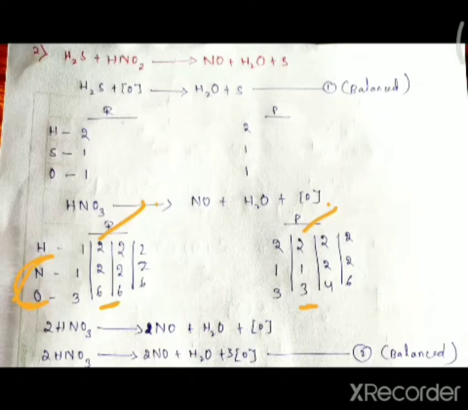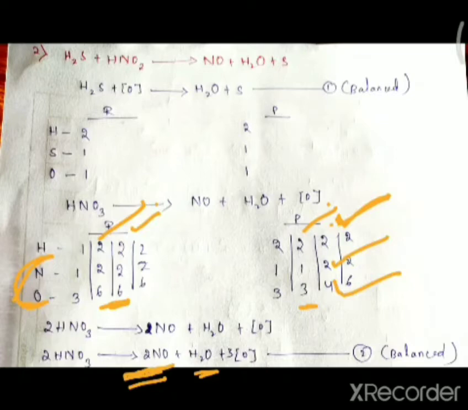So what we'll do, we'll put coefficient 2 near NO. So what you will get is the same: 2 hydrogen, 2 nitrogen and 4 oxygen. And this side we have not made any change, so we write the same, 2 to 6.